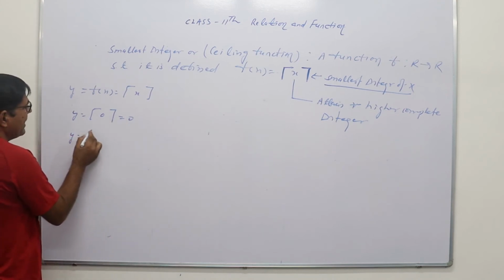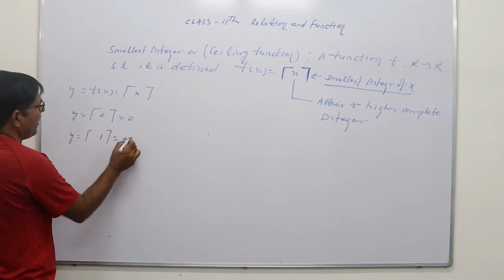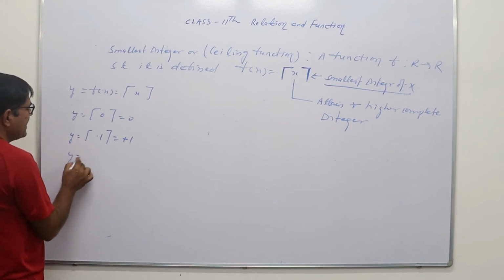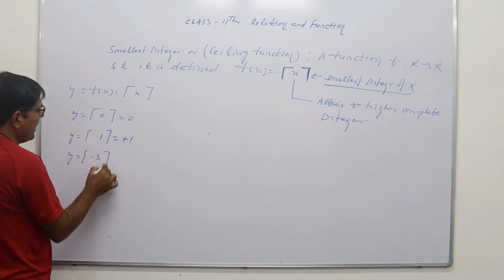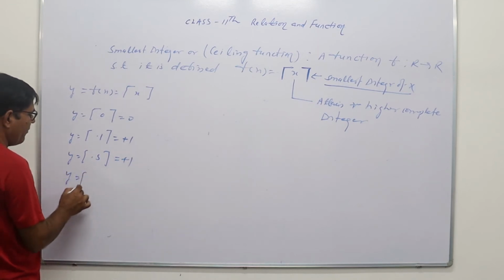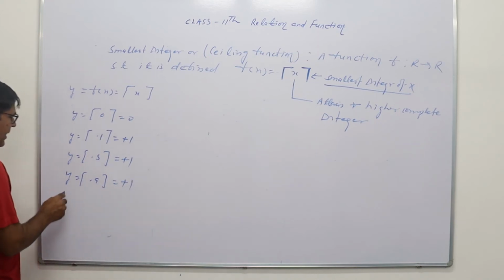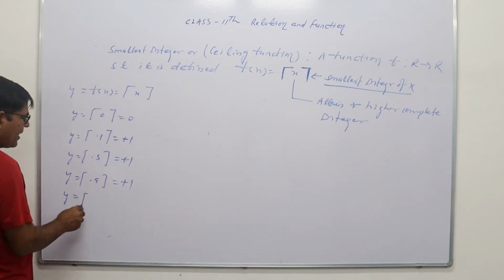Then next, let 0.1, the smallest integer of 0.1 will be equal to plus 1. Then the smallest integer of 0.5 will also be plus 1. The smallest integer of 0.9 will also be plus 1. Then the smallest integer of 1 will be equal to 1.